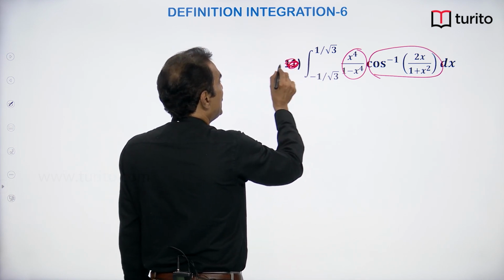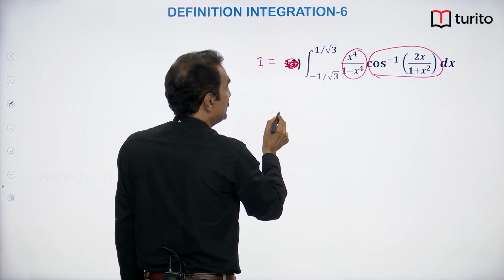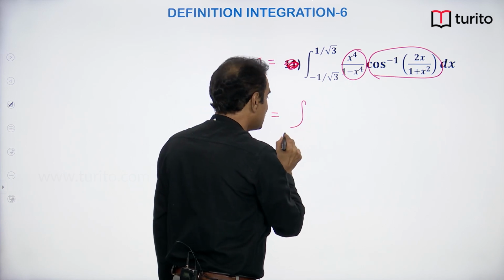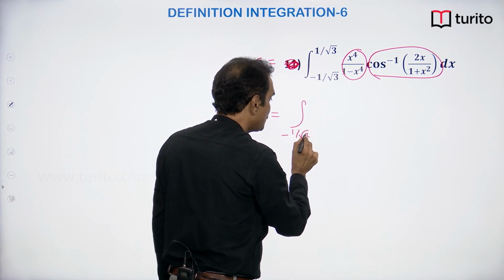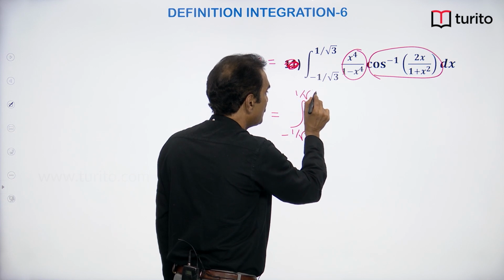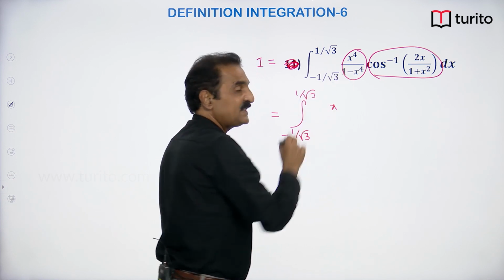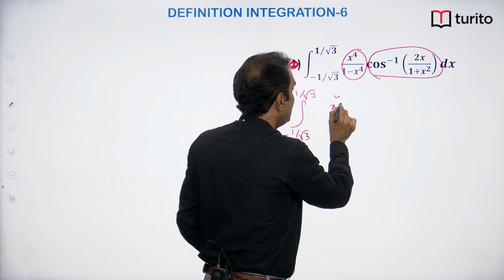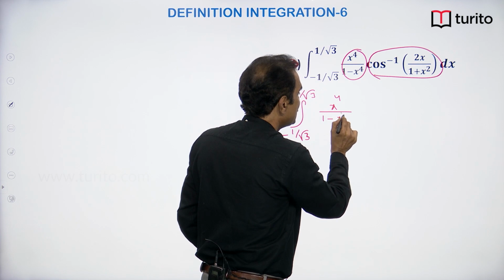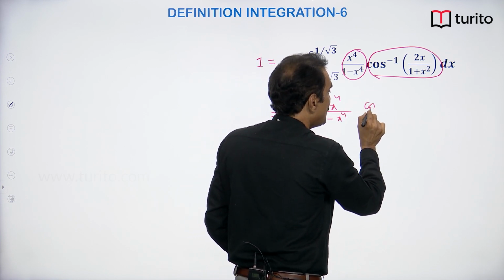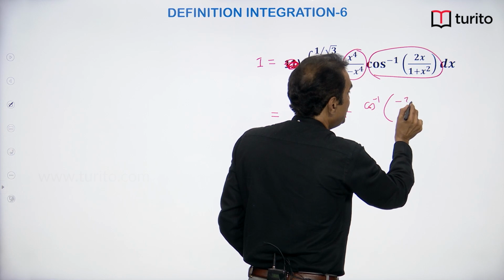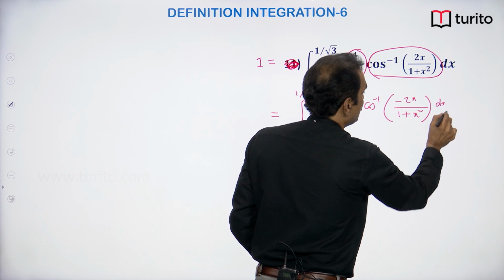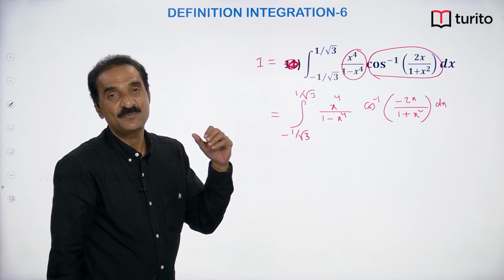You take this integral as I, replacing x by a plus b minus x, that is minus x. Replacing x by minus x, this remains as it is, x power 4 by 1 minus x power 4. Here you will get cos inverse of minus 2x by 1 plus x square. What is the formula of cos inverse minus x?